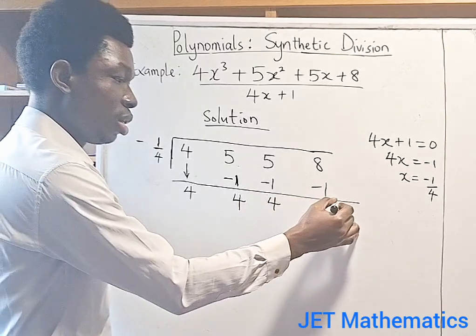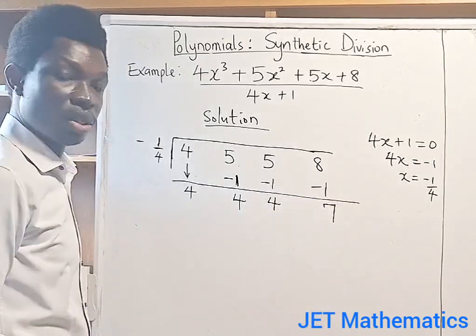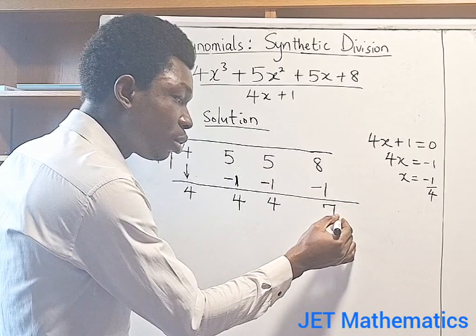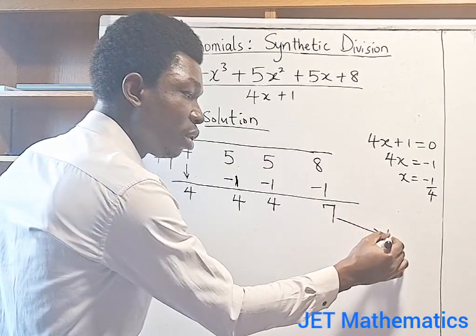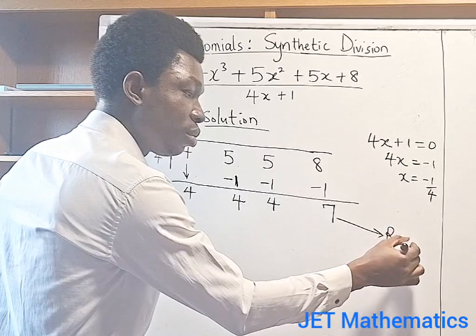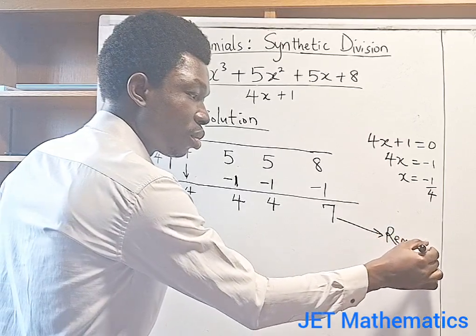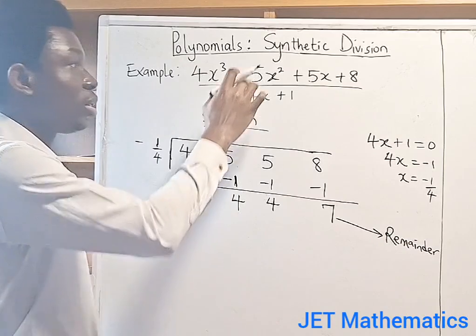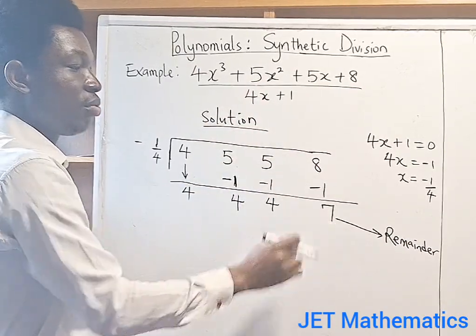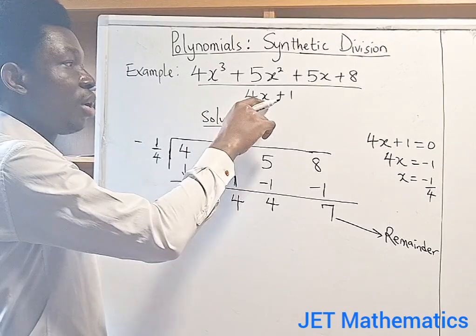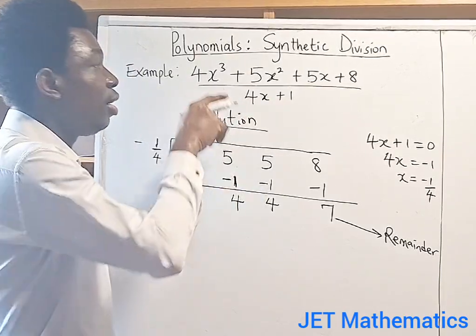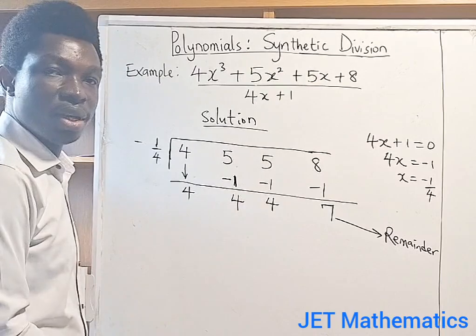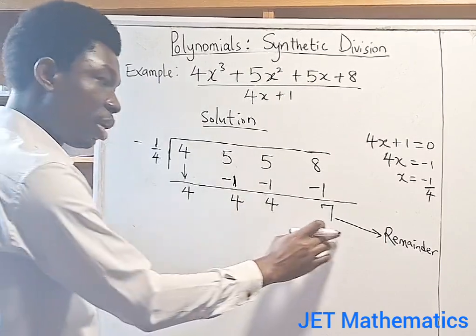That gives us 7. So this is the end. And here becomes the remainder. I've told you before, this is the remainder. So the remainder when this is divided by this is 7. This implies that 4s plus 1 is not a factor of the dividend. Okay? So the remainder is 7.